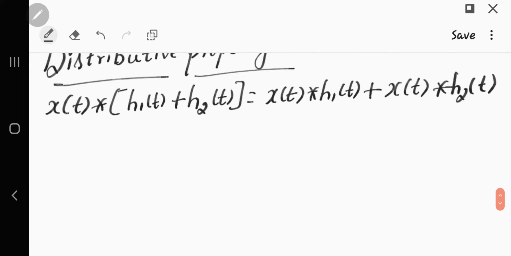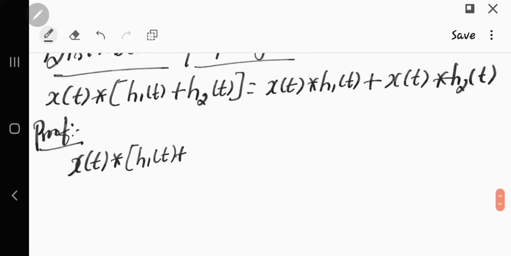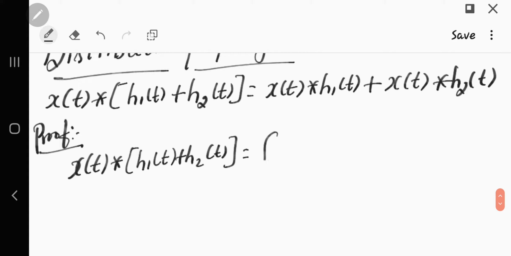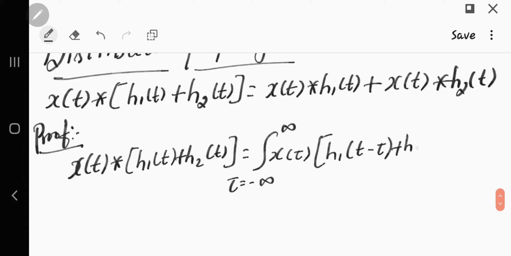Okay. So let's start with the LHS proof of this. So x of t convolved with h1 of t plus h2 of t. So from the definition of convolution integral, you can write it like this: tau varying from minus infinity to plus infinity, x of tau h1 of t minus tau plus h2 of t minus tau d tau.